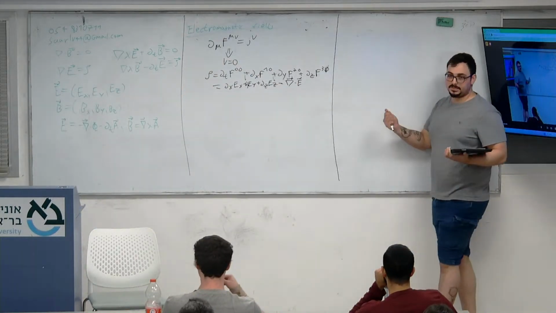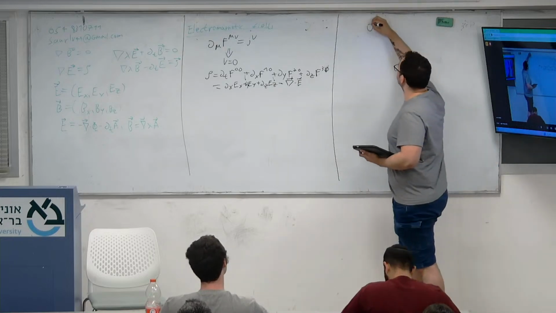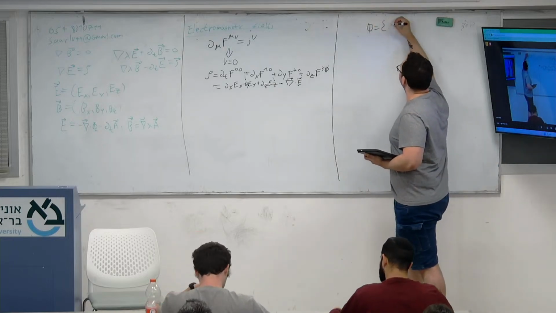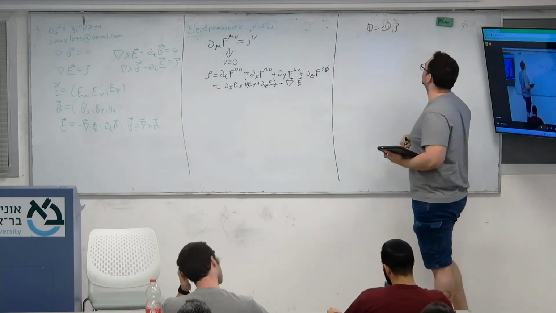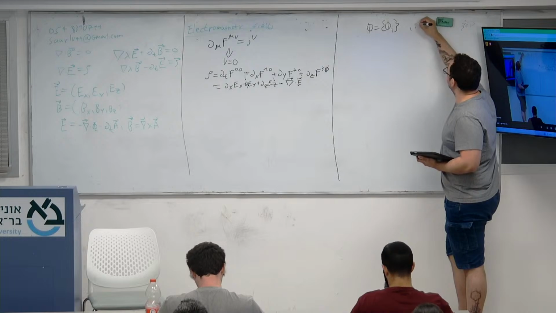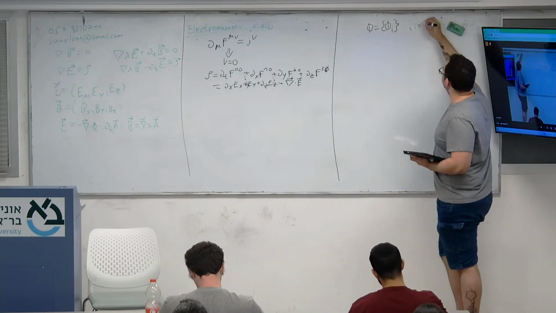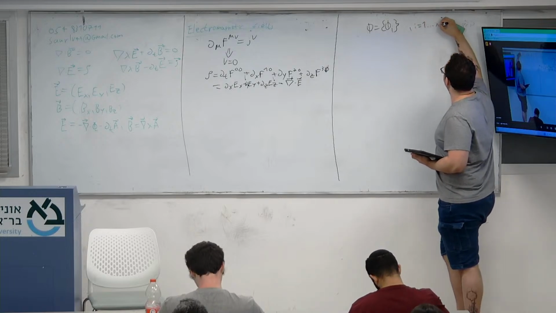Let's say that I have some set of fields, where I have n fields, so I go from 1 to n.